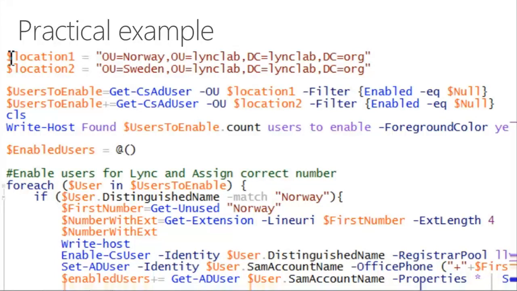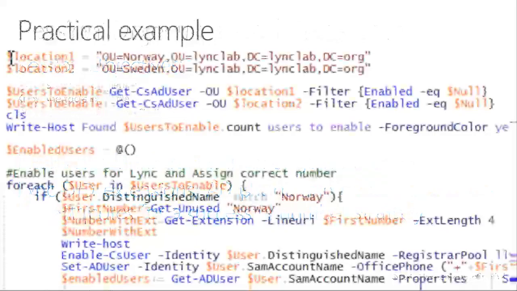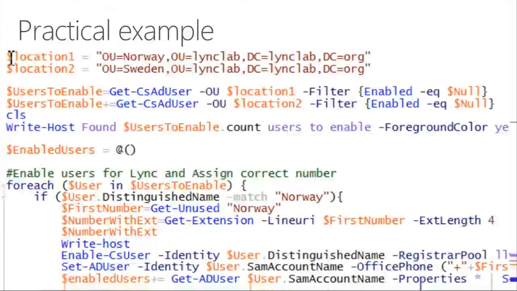So we count the amount of users. We load them into the users to enable variable and see that we have this amount of users to enable. And then I use the distinguished name for the user, which contains the location of the user. In this case, I'm looking for Norway. So as long as Norway is within the organizational unit or the distinguished name, I will use Norway as my number series.